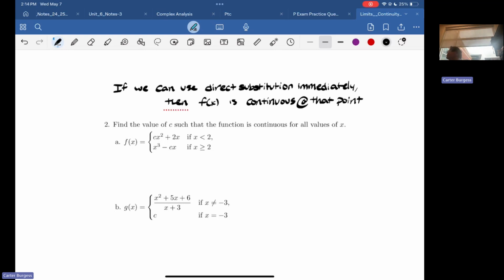If direct substitution makes sense, as long as there's no piecewise weirdness and no dividing by 0 error going on, then we can probably do direct substitution. If we can, then it's going to be continuous.